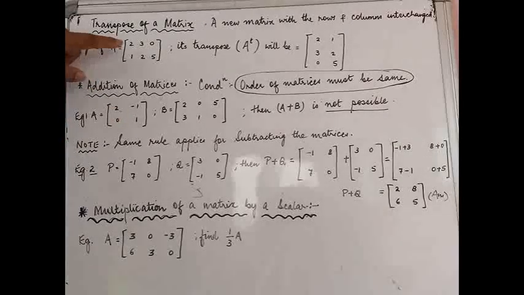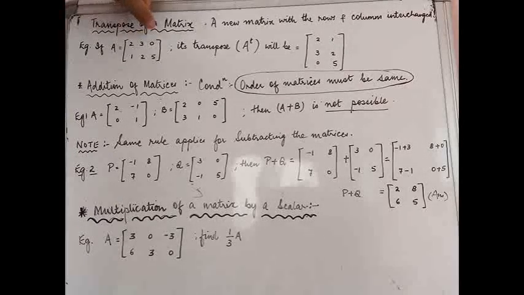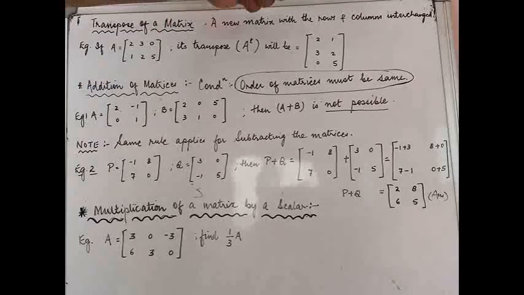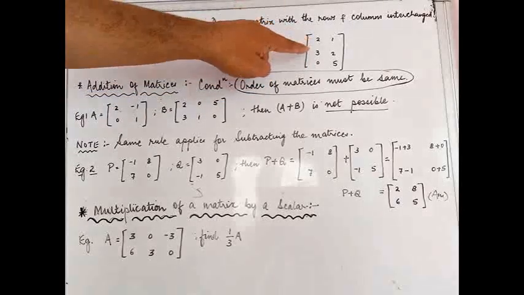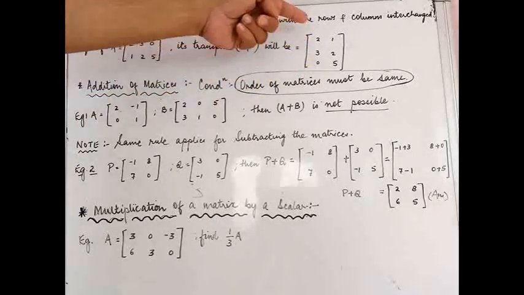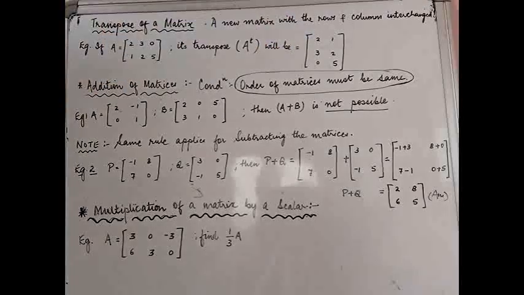What does that mean? Look at the original matrix A. The first row was 2 3 0. These were the individual elements in the first row. So this first row will become the first column in the transpose matrix. As you can see, 2 3 0 are the elements of the first column in the new matrix.